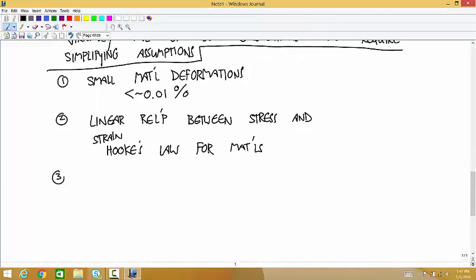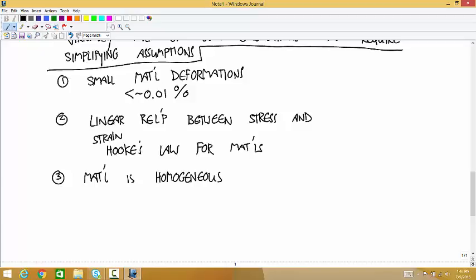The third assumption we're going to make is that materials are homogeneous. That means that the material is the same at every point. So we won't be talking about calculations where you have little bits of one material suspended in another material.